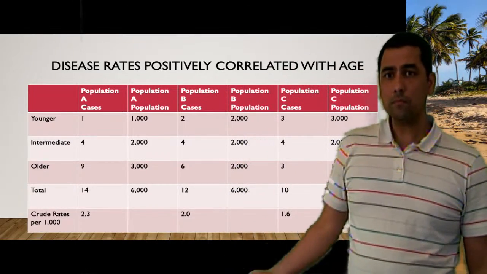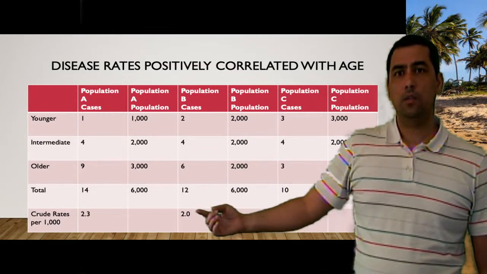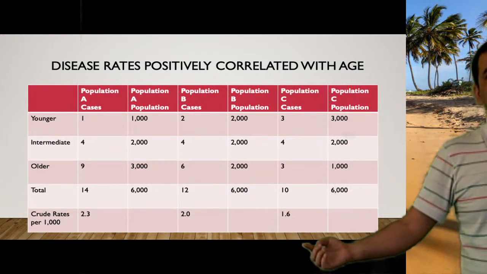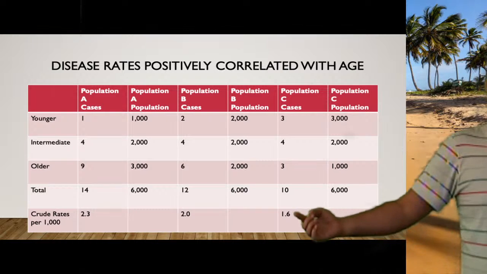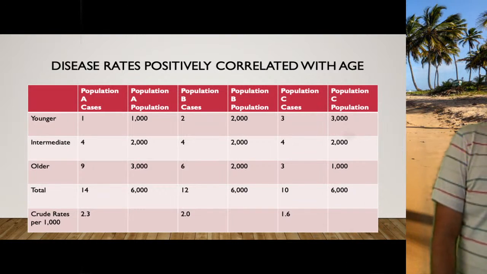Okay? In population B, you have 2, and in population C, you have 1.6 per 1,000 people. Why is it different?